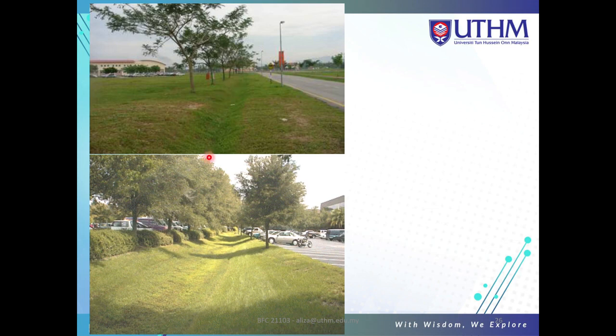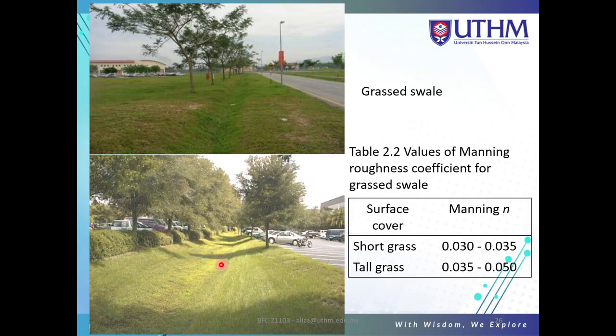This is called the grass swale. The surface cover of the grass swale uses short grass or tall grass. If the surface cover uses short grass, the Manning roughness is between 0.03 to 0.035. If the grass is tall, it is between 0.035 to 0.05.